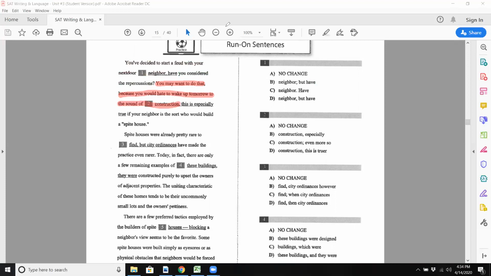And then in this case, I have 2 independent clauses again, because those both sound like their own sentence. So you want to dissect it that way. So A is out, that's a run-on.